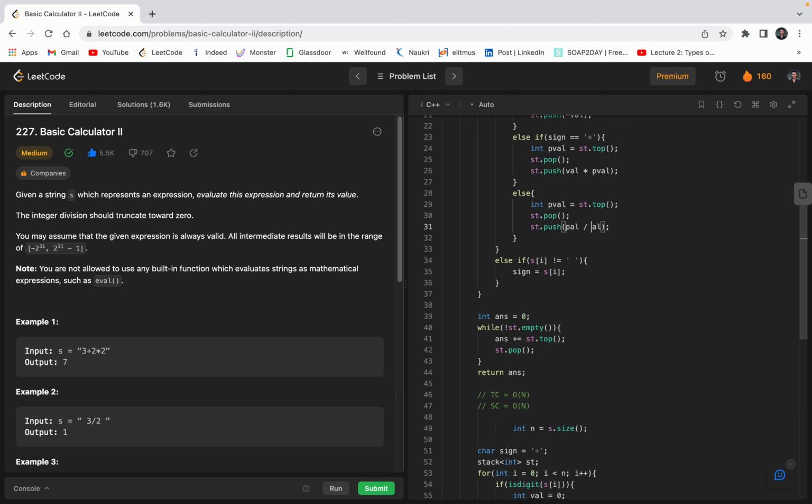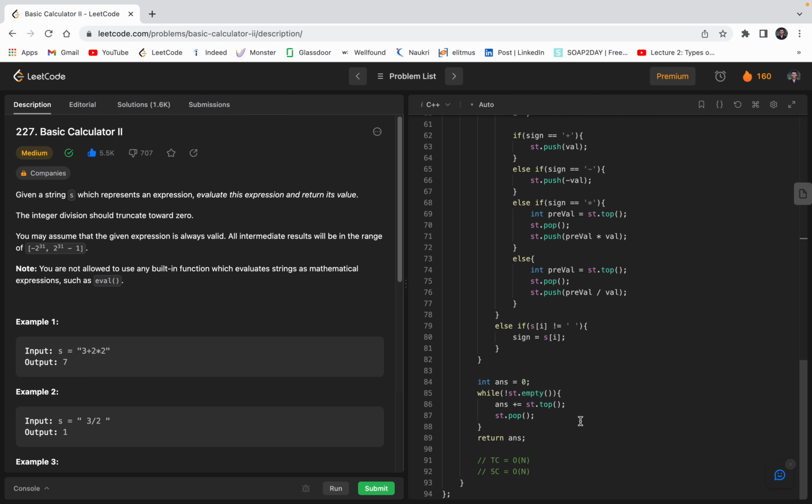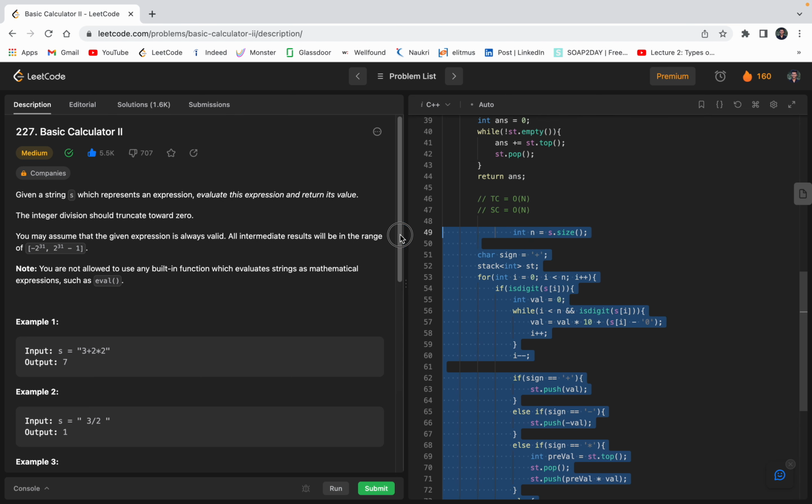This small mistake led to an error. Sorry guys.